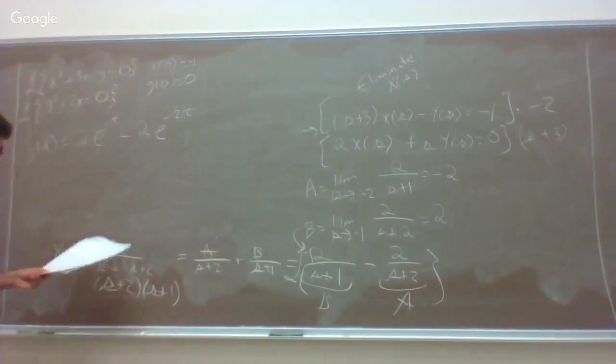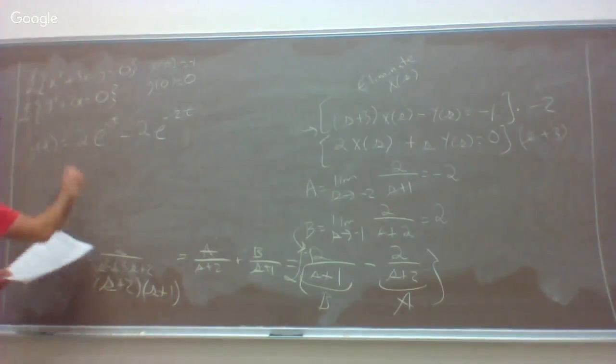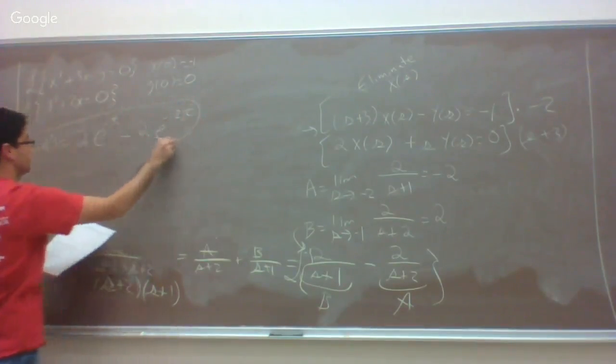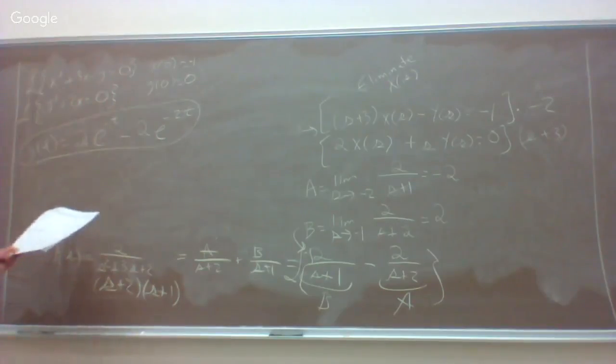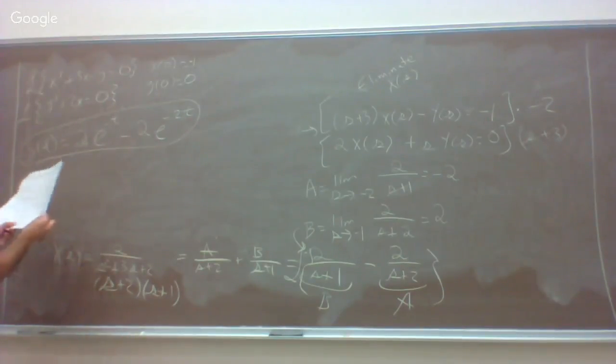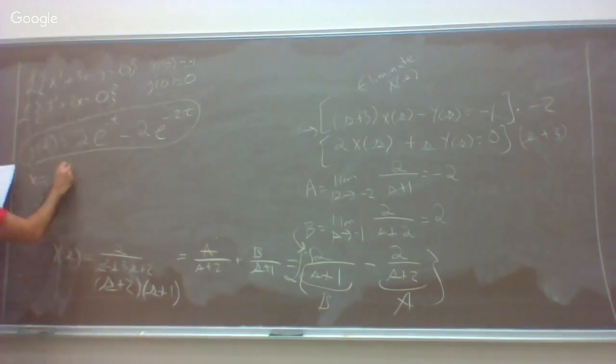So now we have to solve for my x equation, but this is my y of t. This equation tells us that x is equal to -1/2 y prime. Did I make a mistake?